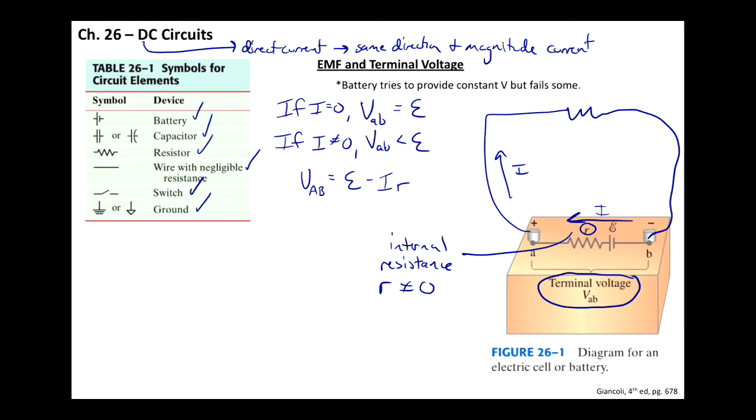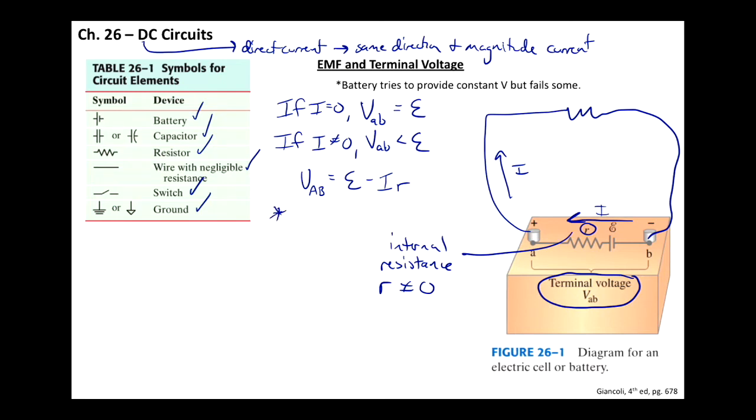However, I say all this just to tell you that this happens. For the most part, when analyzing a circuit, if it tells you V is the potential difference for the battery, that's just what it is. We're going to ignore the internal resistance unless a problem specifically says to include it.